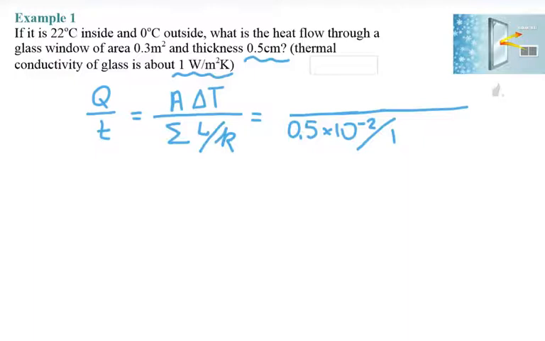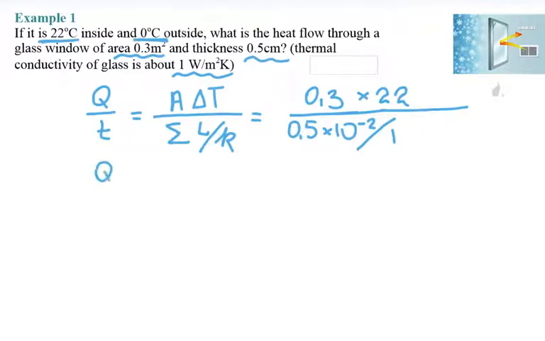Then I have the area, 0.3 meters squared, and the difference of the temperature, which is 22, because it is the difference between 22 and 0 degrees outside.